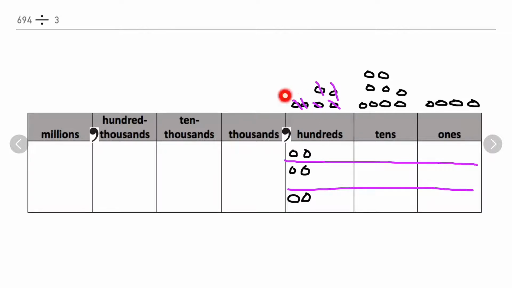I don't have any more hundreds to use, so now I'm going to move on to my tens, doing the same thing. Don't forget to cross out your tens.